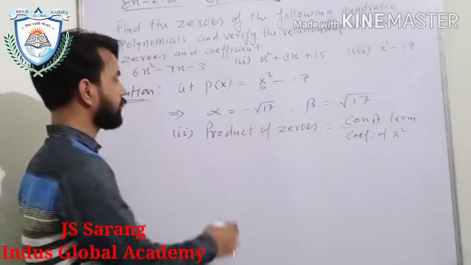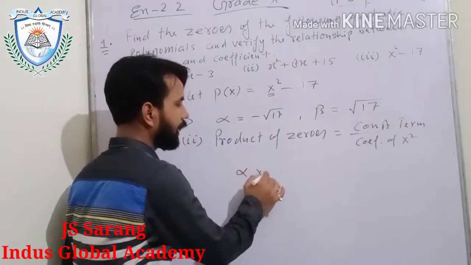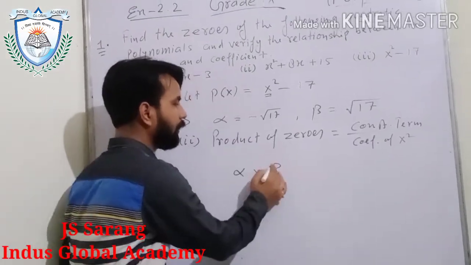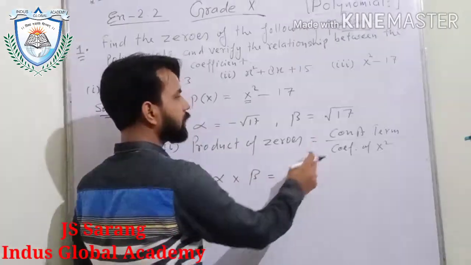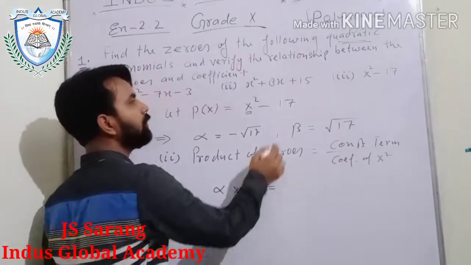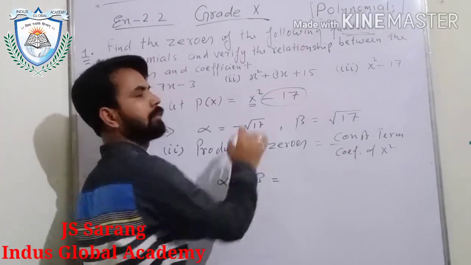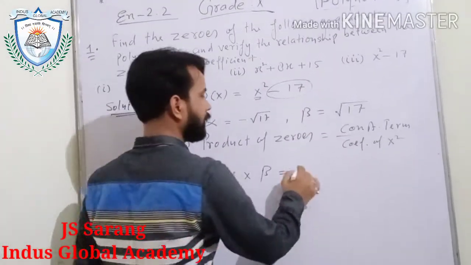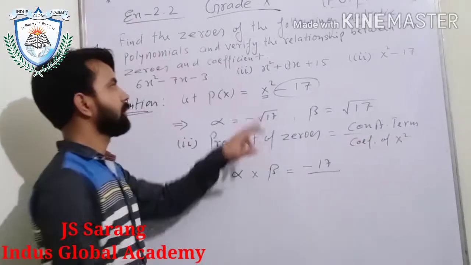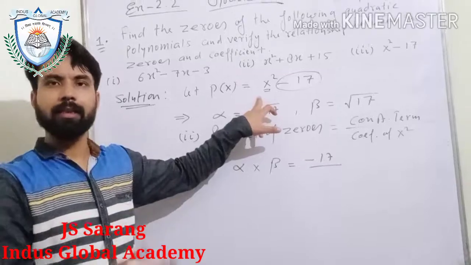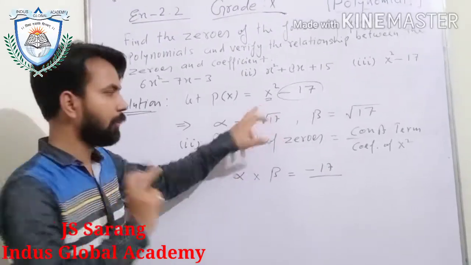The zeros are alpha and beta, so their product will be alpha into beta. The constant term is minus 17, upon the coefficient of x square. Nothing is written there, which means the coefficient of x square is 1.